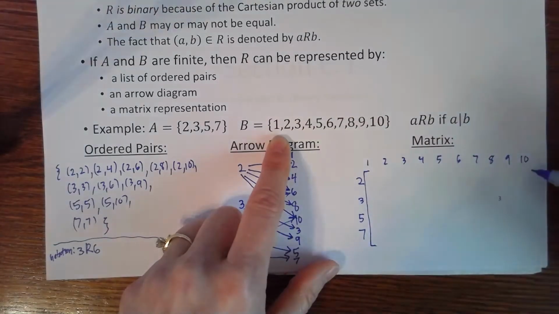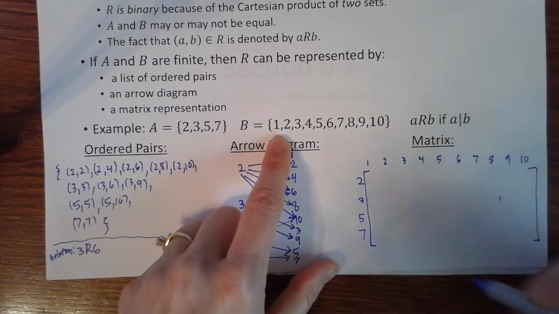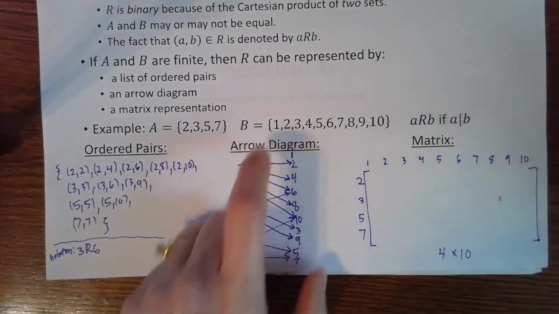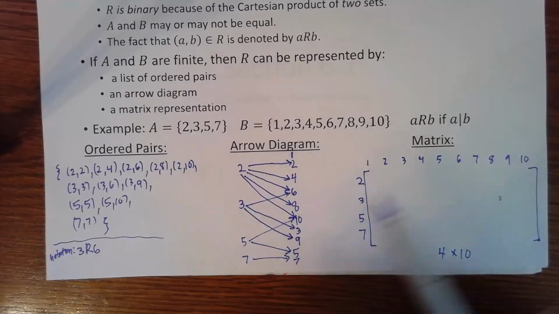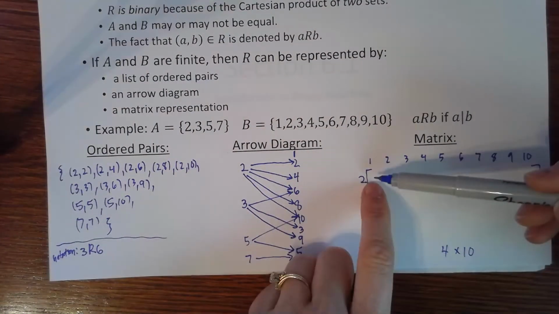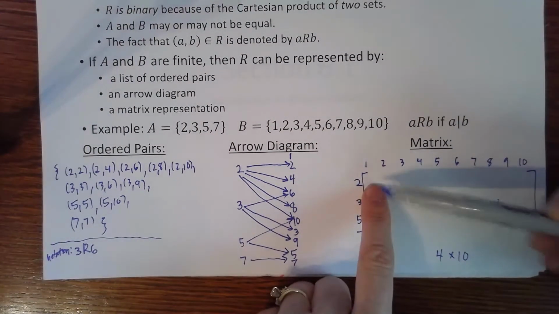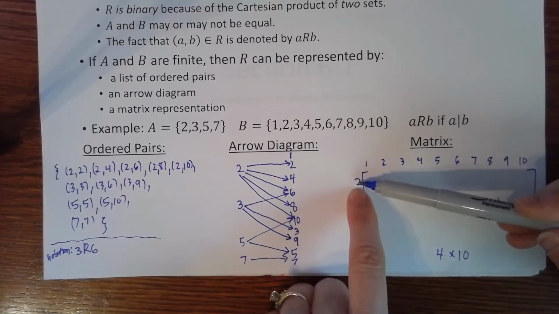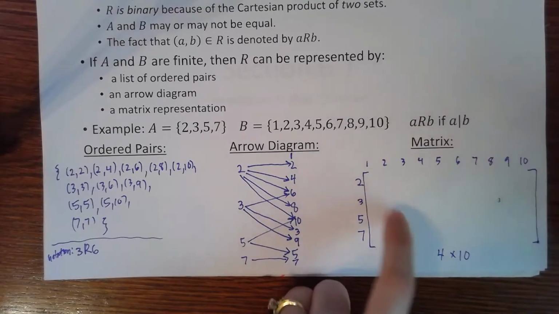Okay, so I'm going to have a 4 by 10 matrix. 4 rows, 10 columns. And then when I go to each row column pair, the entry in that row column pair will tell me whether that row is related to that column.